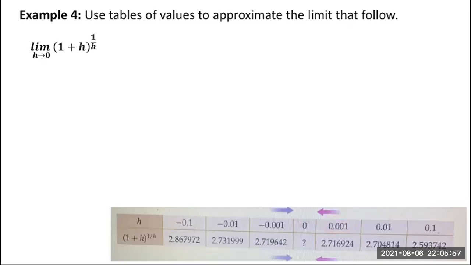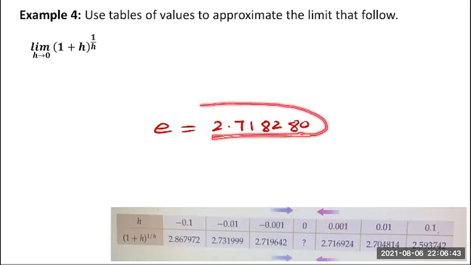So the value of this would be, I'll give you the approximation, 2.718280 to 6 decimal places. If you take these values very, very close to 0, you will see that it's going to be a number like this. So this is the approximate value of the number e.